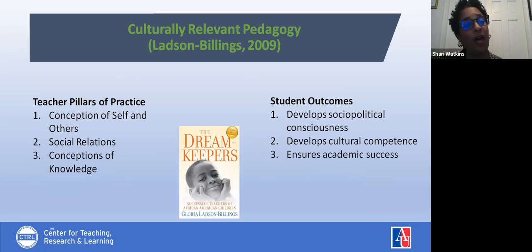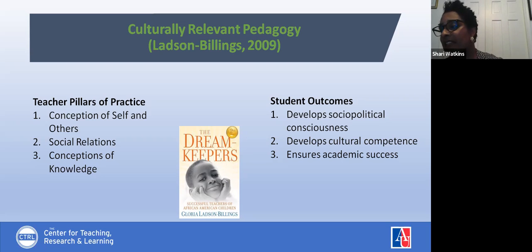Culturally relevant pedagogy has 3 teacher pillars of practice and 3 student outcomes. When we think about these student outcomes, how do we help students to be academically successful? How do we help students to develop a socio-political consciousness?